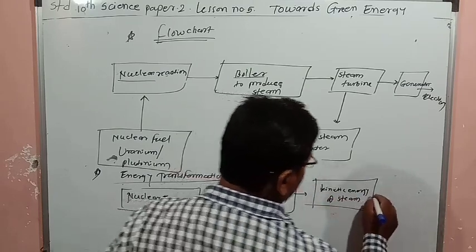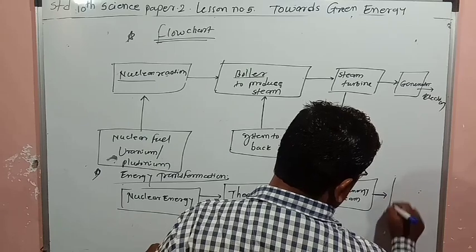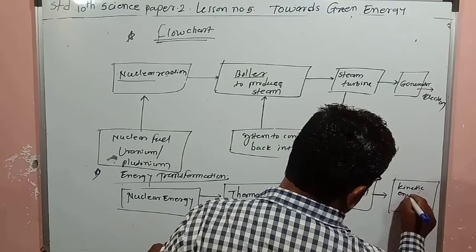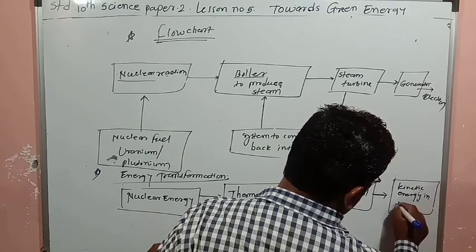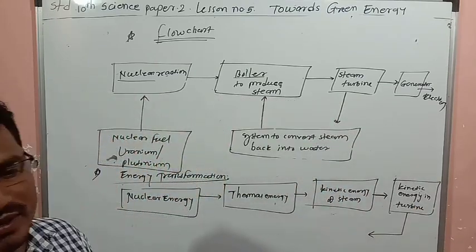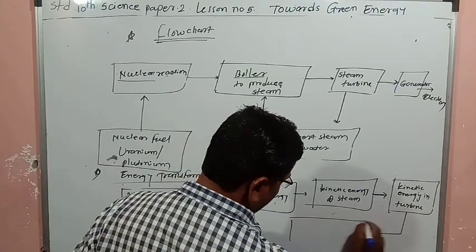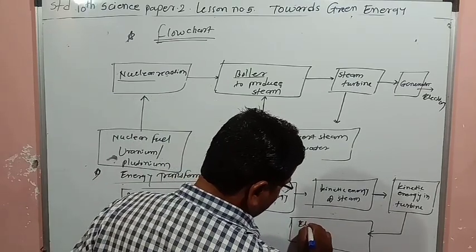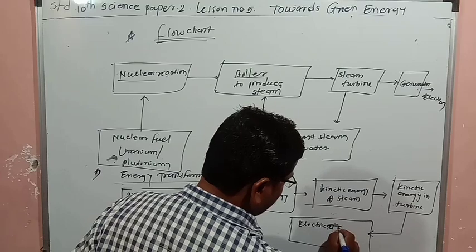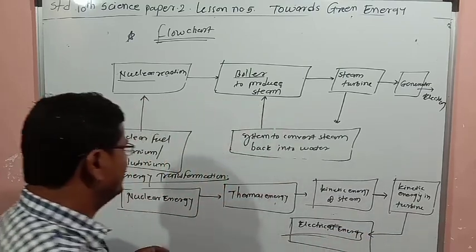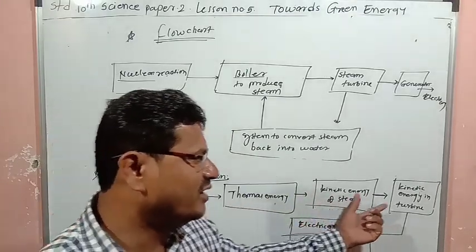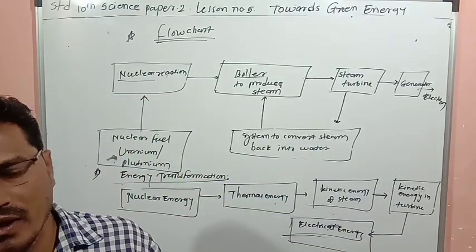This kinetic energy of steam is converted into kinetic energy in the turbine, and again kinetic energy of the turbine is converted into electrical energy. So in this way, energy transformation is: nuclear energy, thermal energy, kinetic energy of the steam, kinetic energy of the turbine, and then electrical energy.